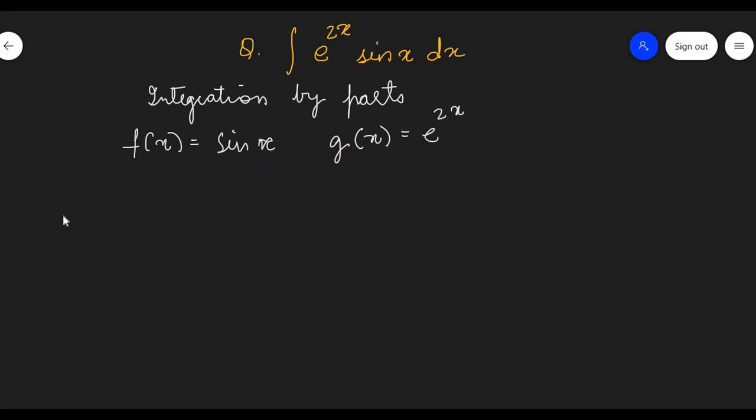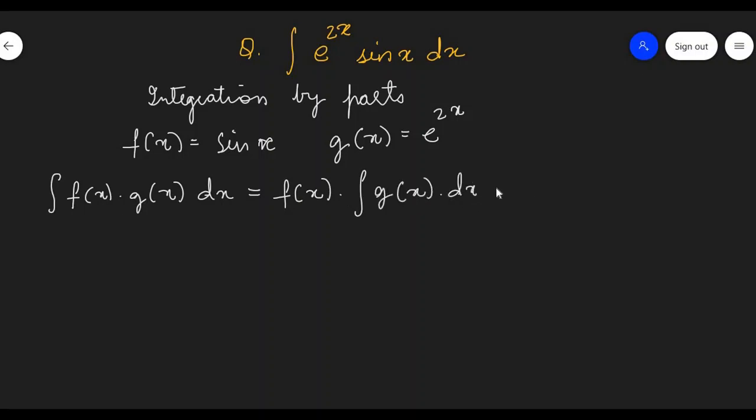We know that integration by parts says that integration of two functions f of x and g of x can be calculated as first function f of x into integration of second function minus integration of second function into differentiation of first function and whole dx.